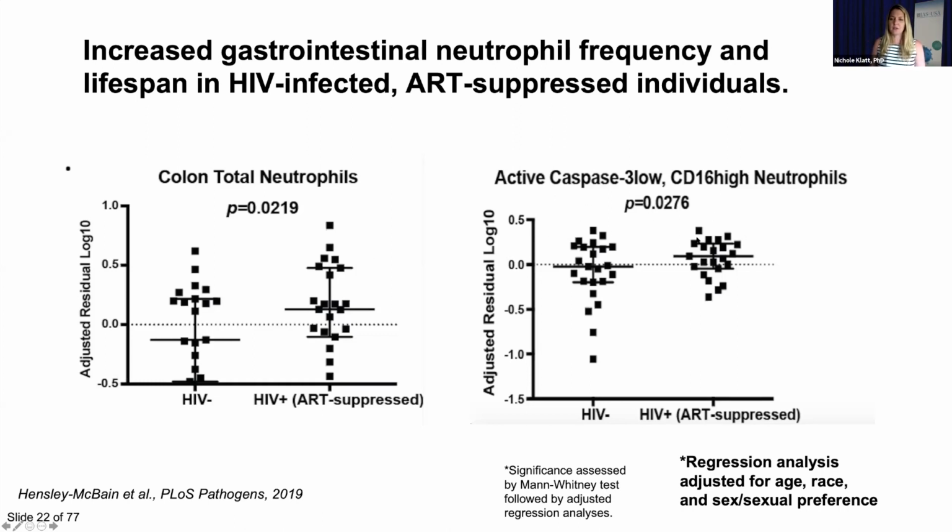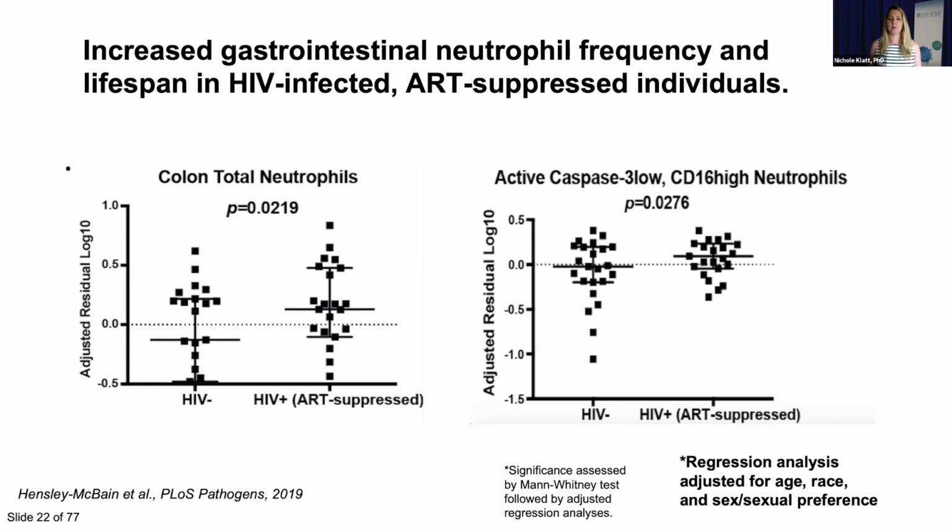Now on the right here, what's important is these are cells that are longer lived. Active caspase-3 low, CD16 high neutrophils basically mean these are highly inflammatory active neutrophils that are going to be robustly releasing cytokines, but they're also not going into apoptosis.